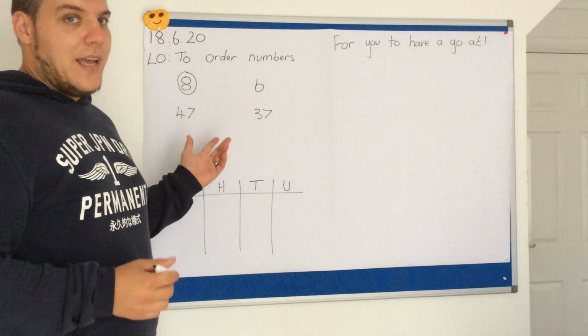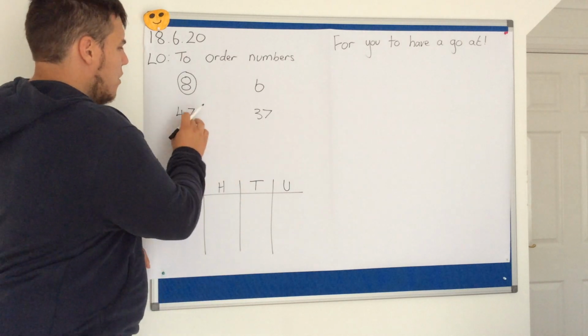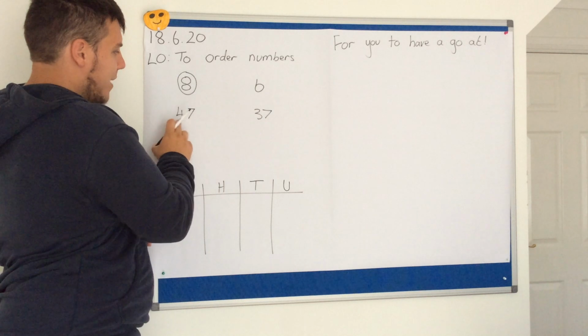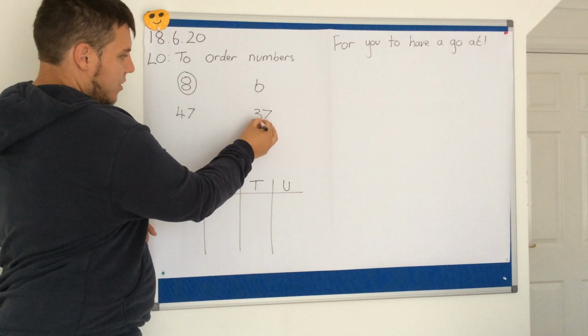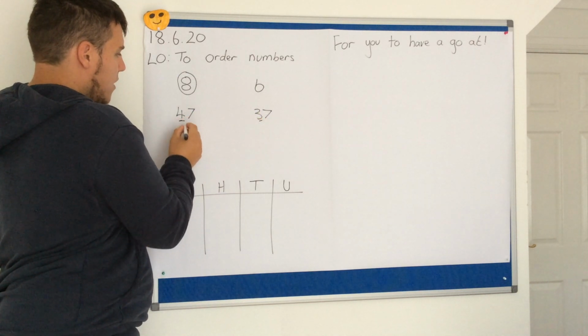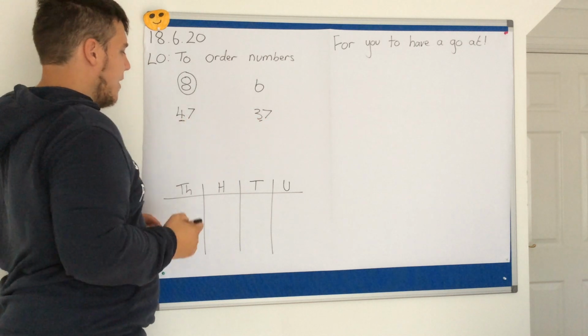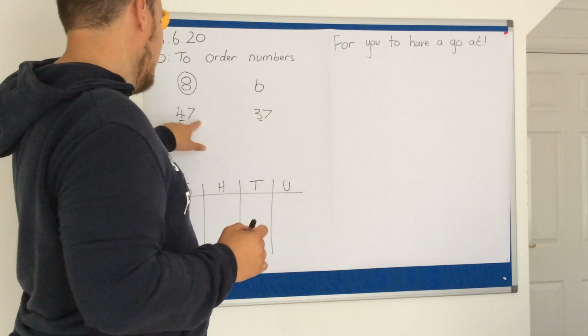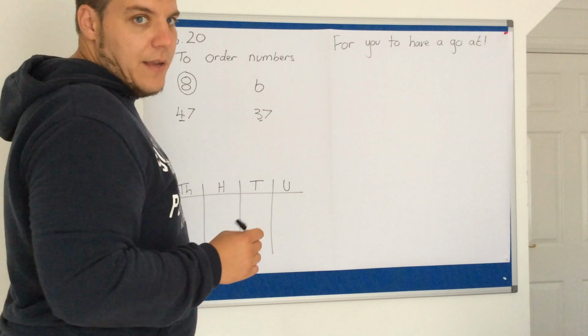Say 47 again, but why? Well, we can start off by looking at our units. Our units are the same, but when we get to our tens, this one has got a 3, and this value is 30, and this one value is 40. So the 40 is the biggest value, even though the units are the same.